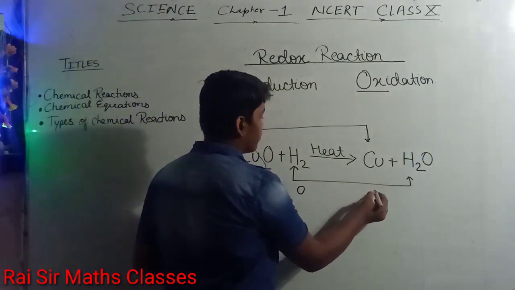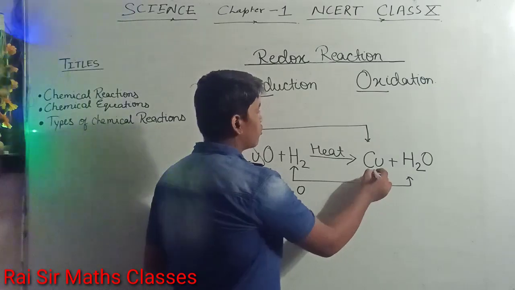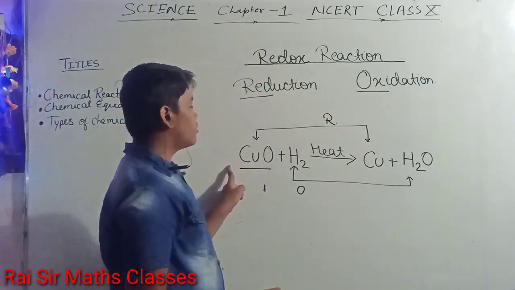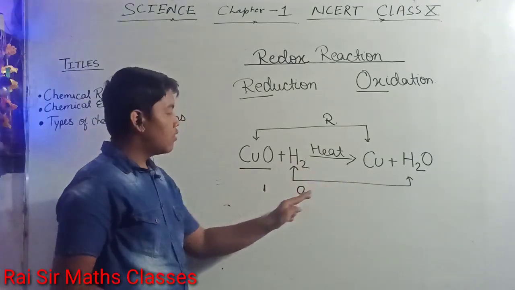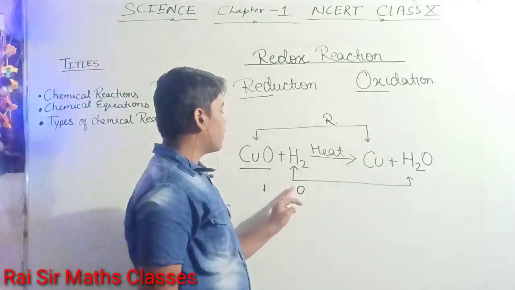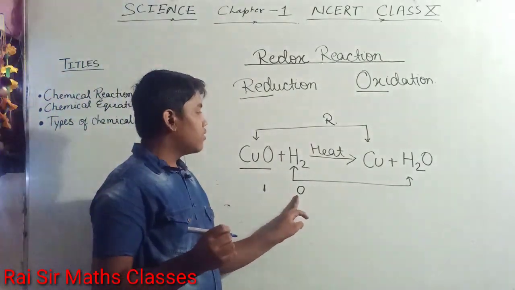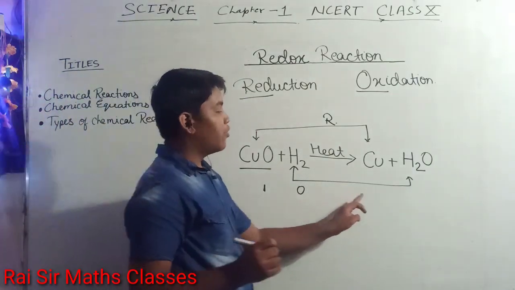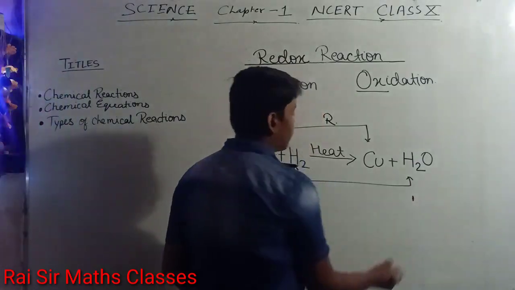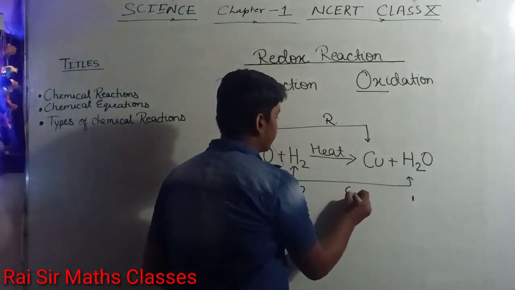So here copper is formed, it does not have its oxygen, so it is being reduced, means reduction is going on in CuO to Cu. Now H2 has no oxygen, but when H2O is produced, it comprises one particle of oxygen, so it is being oxidized, means an oxidation reaction takes place in hydrogen forming water.